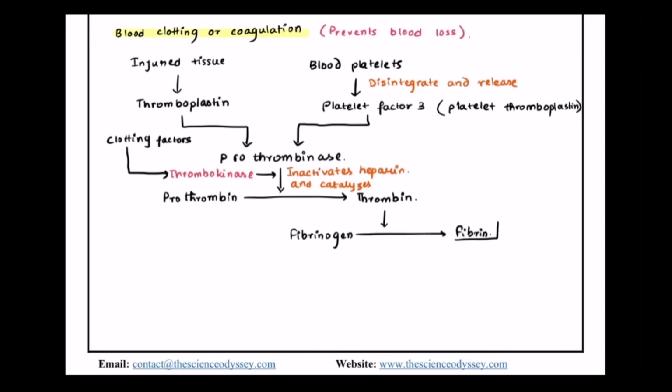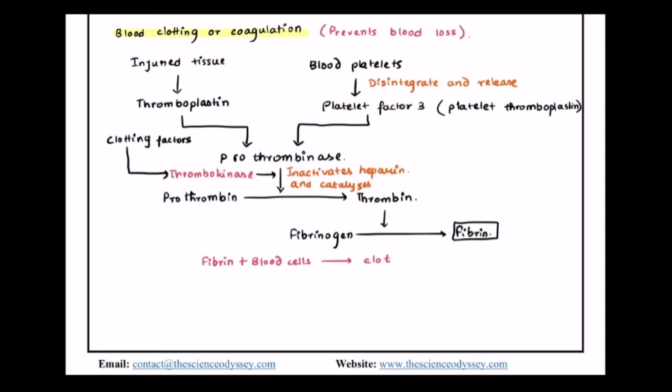And fibrin is the molecule that arranges itself to form the blood clot. So we can say that fibrin, along with the blood cells, they together form the clot.